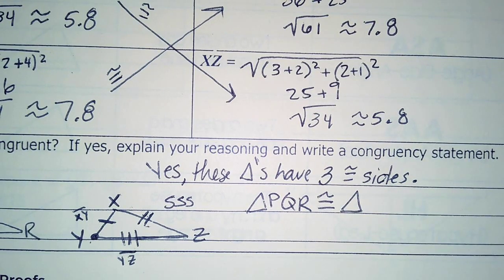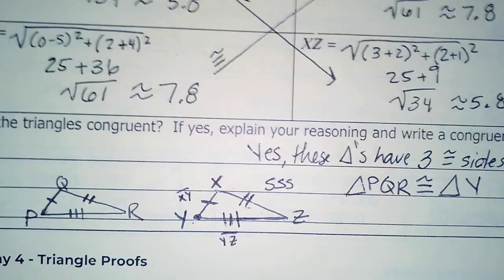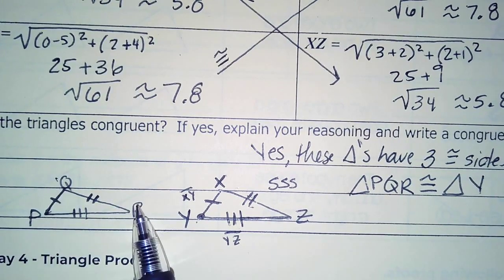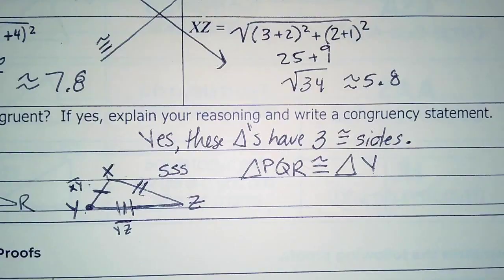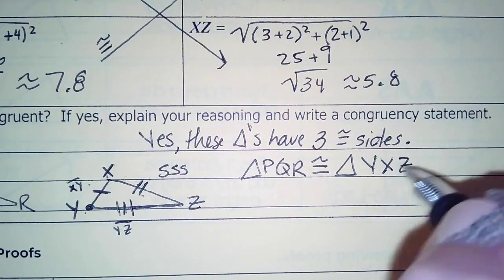Which one should come first? Y and then X. So if I'm going down PQR, so I'm going down the 1, the 2, then the 3. So I should go 1, 2, then 3. Y, X, Z. Questions?